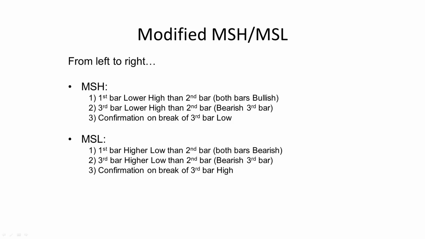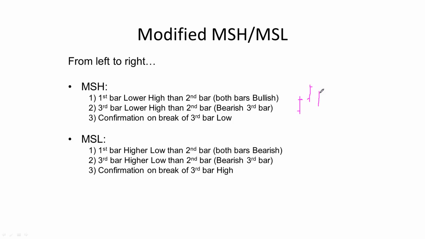And let me go ahead and just draw these here, and then we'll go to the charts. So basically market structure high is a 3-bar pattern that will look something like this. These first 2 bars will end up closing bullish. So you could draw it like this if you're looking at a bar chart. And then this one again, bullish.